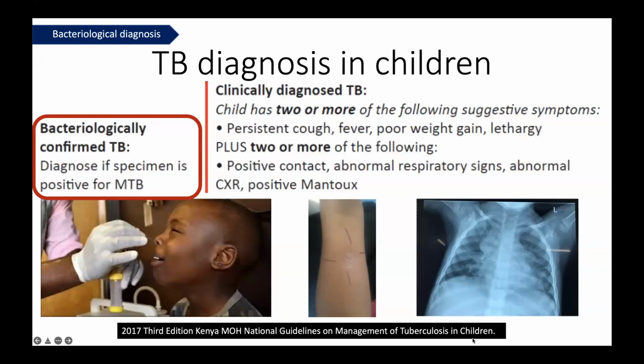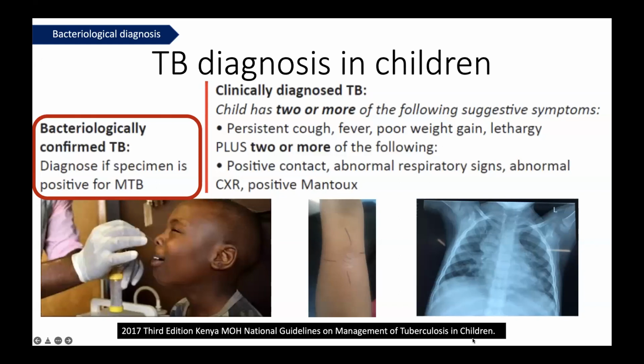So for this clinically diagnosed child, we should be confident: if you have 2 or more of these suggestive symptoms and 2 or more of these other findings, then you can clinically diagnose TB. It's a different story if you put this child on treatment and they're not improving, then that's a child whom you want to refer. But you shouldn't say, oh, I can't do a gastric lavage, or I can't do this or that, or it's negative, so we can't say this is TB.